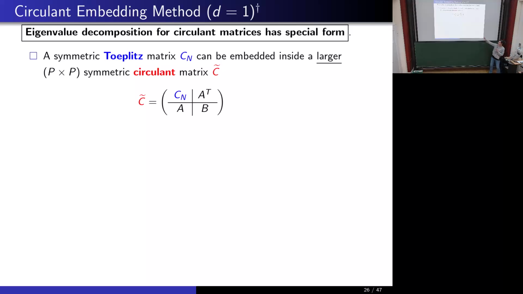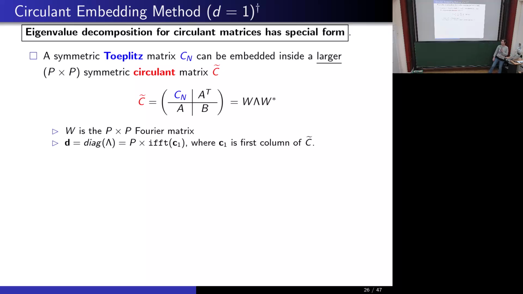So Cn, just keep your eye on that. That's the covariance you really want to work with. First of all, you make it bigger, and then you factorize this matrix using Fourier theory. If it's circulant, that's what the eigenvalue decomposition looks like, where W is the Fourier matrix, the complex valued matrix, and lambda is the matrix whose diagonal gives you the eigenvalues of this matrix.